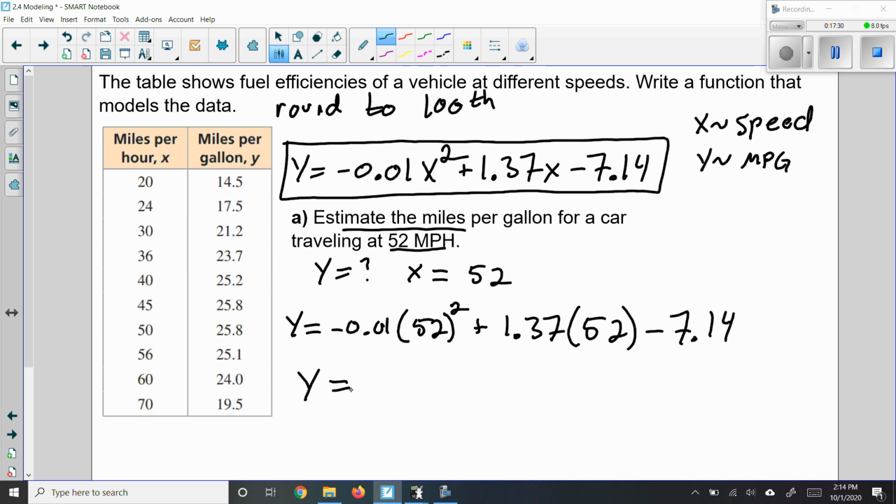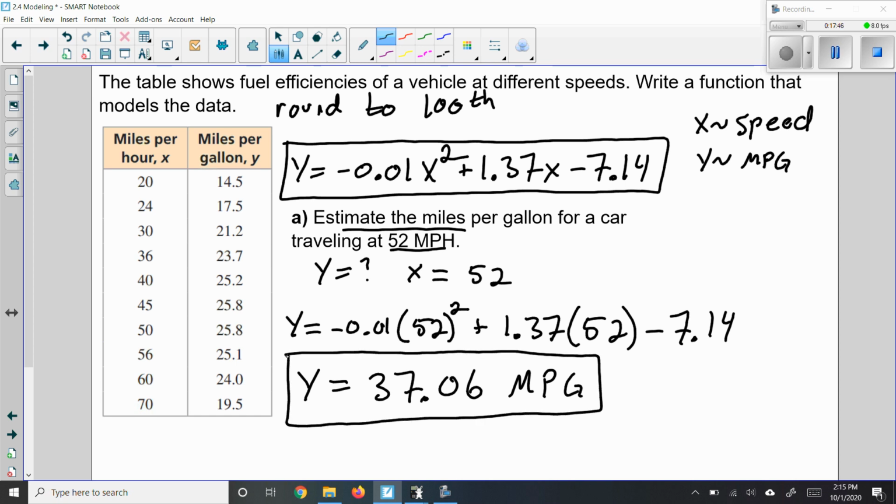And when we put this in our calculator, what we get is 37.06 miles per gallon. That is the efficiency of a car traveling at 52 miles per hour.